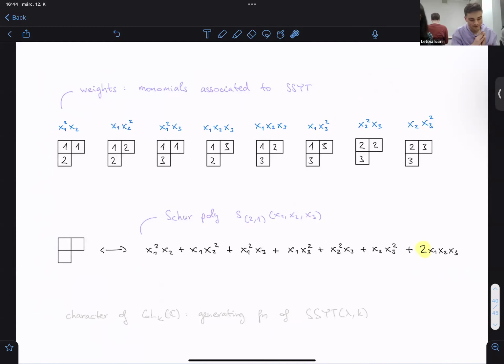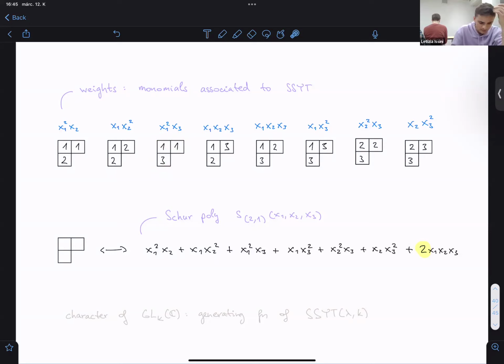So we'll assign to each semi-standard Young tableau a weight, which will be a monomial. So to each tableau, we assign a monomial whose variables are indexed by the multiset of entries. For example, this tableau will receive the monomial x_1 squared times x_3 because there are two 1s and one 3.